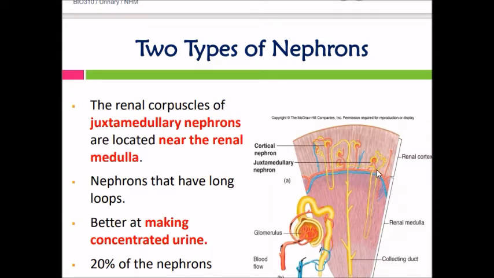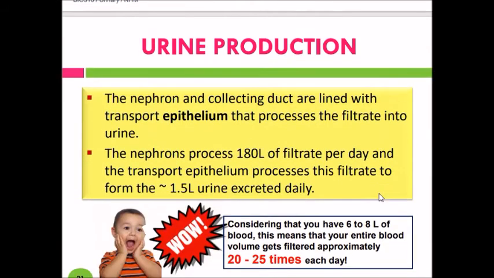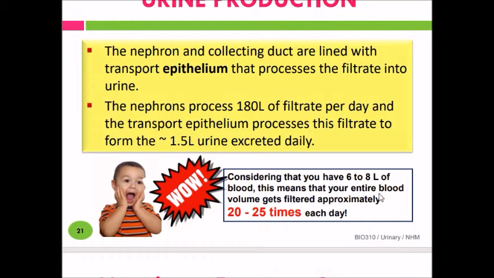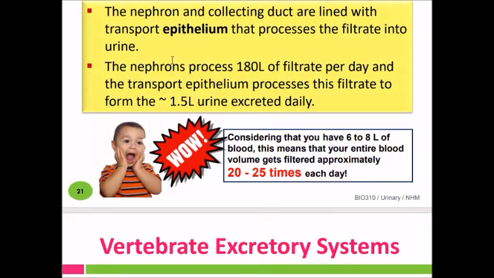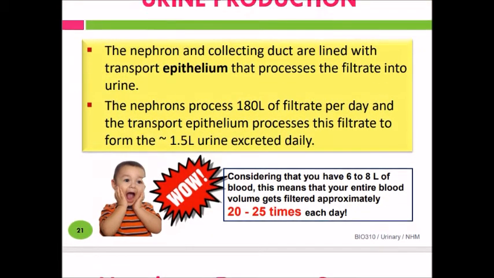They have a quite long loop of Henle compared to cortical nephrons, and they are better at making concentrated urine. They make up 20% of the nephrons inside the human kidney.